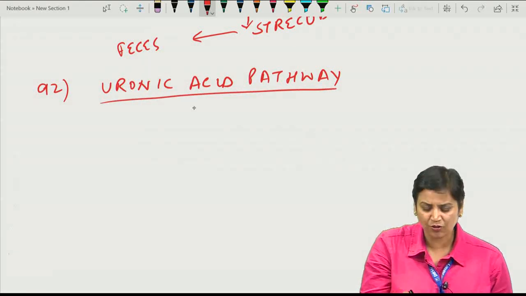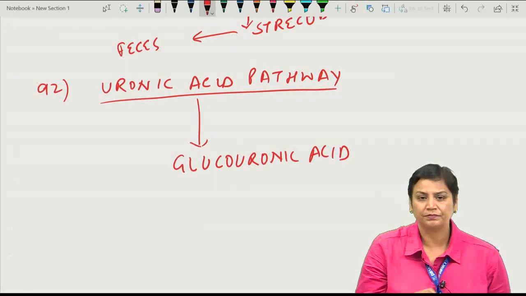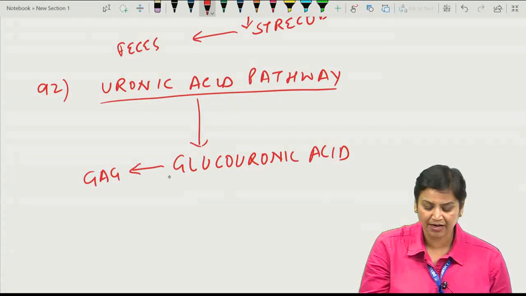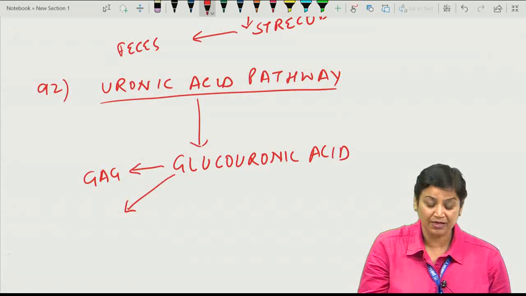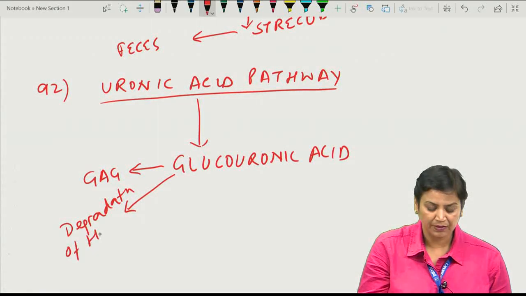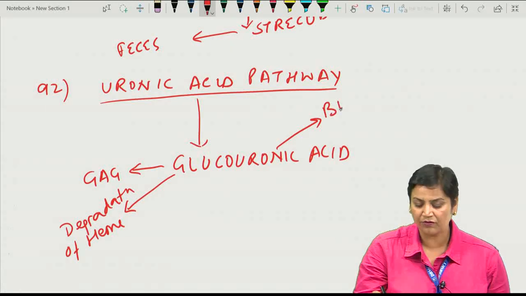Because the significance of this uronic acid pathway is it gives rise to glucuronic acid, which plays a very important role in the synthesis of GAGs, glycosaminoglycans or heteropolysaccharides. This glucuronic acid plays a very important role in degradation of heme. It plays a very important role in detoxification mechanism, which is also known as biotransformation.